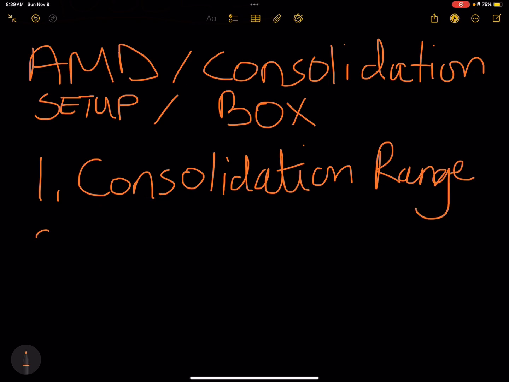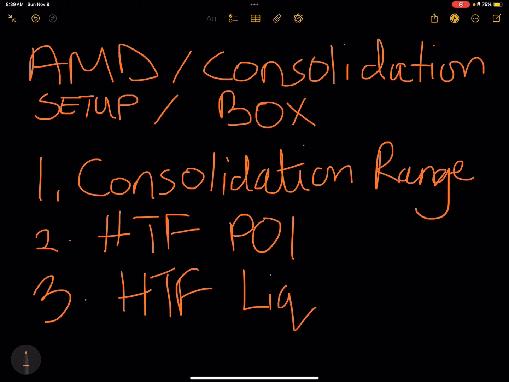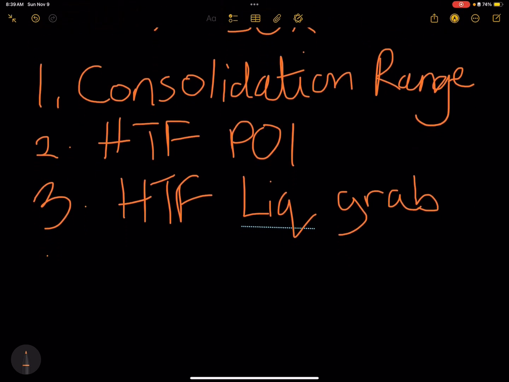Number two, you need a higher time frame POI. It can be a form of anything. Number three, you need a higher time frame liquidity grab. It can be equal highs, equal lows. Then it needs to retest. You need a retest. I'll explain further what we mean when we say retest.